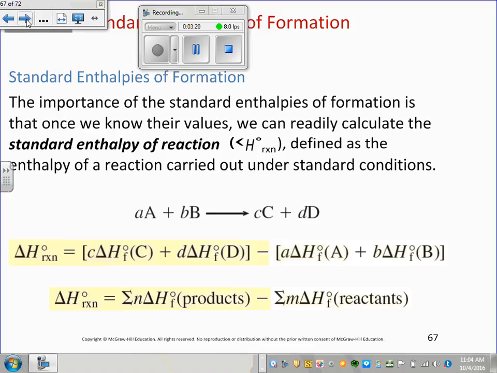For the products, it would be c times the enthalpy of C plus d times the enthalpy of D. So this would be the products, and these are the reactants.